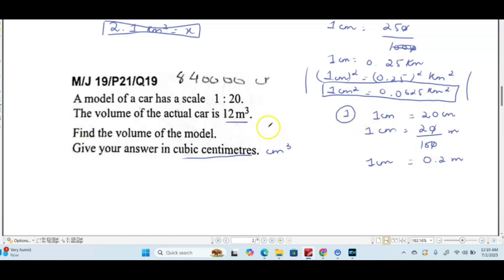Okay? And since we need the answer in cubic centimeters and we've been given the volume of the car in meter cube, we need to multiply both sides with cube. Okay, ji? The 1 centimeter cube is equal to 8 into 10 raised to the power minus 3 meter cubes.